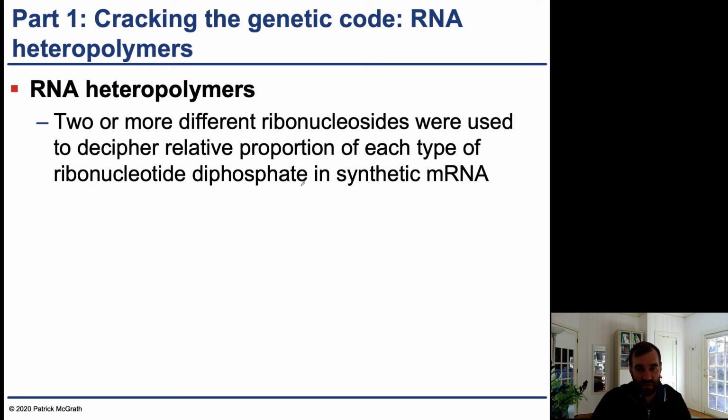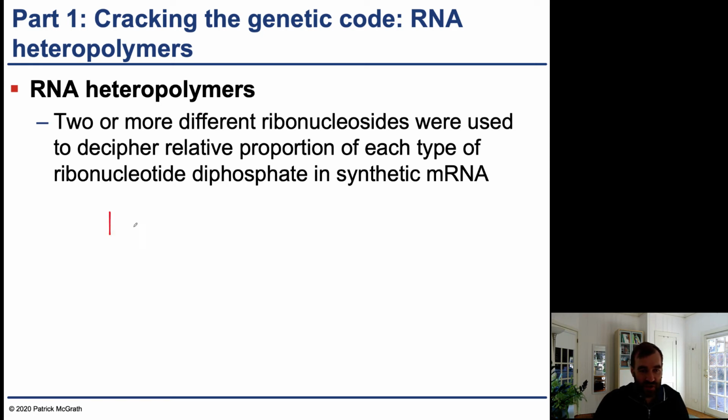And so again, this was the same idea, but instead of adding a single ribonucleoside diphosphate, they added 2 different ones together. And further, they added them in different proportions.